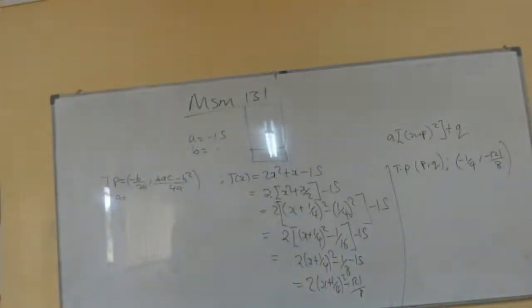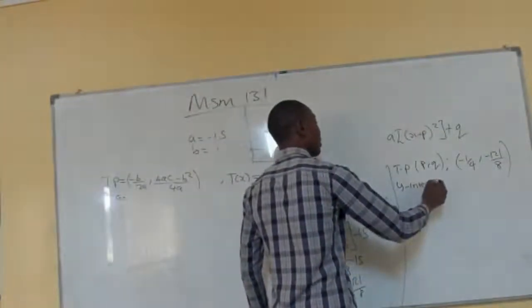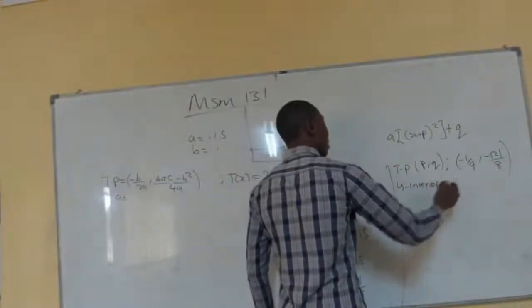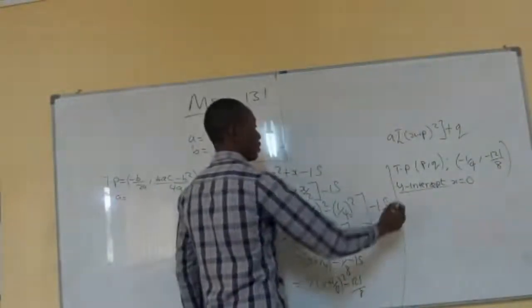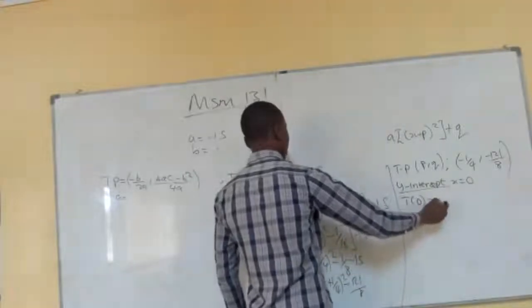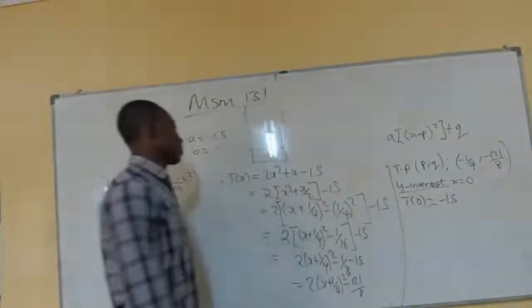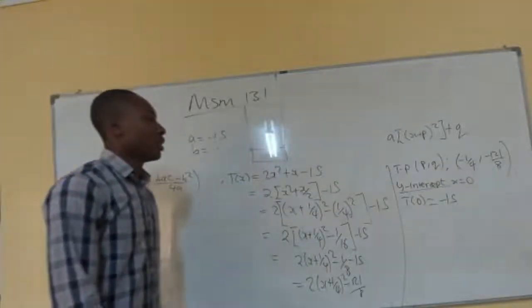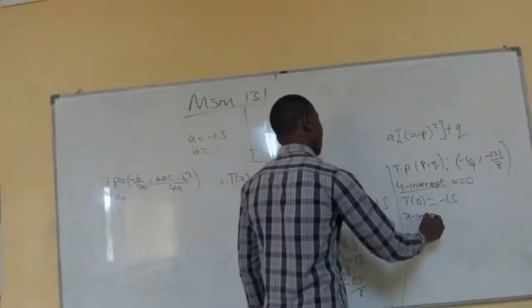Other than having that as my turning point, the other thing that we now need is the y-intercept. For the y-intercept, x is 0, so t of 0 is actually negative 15. The other thing that we need to sketch is the x-intercepts.